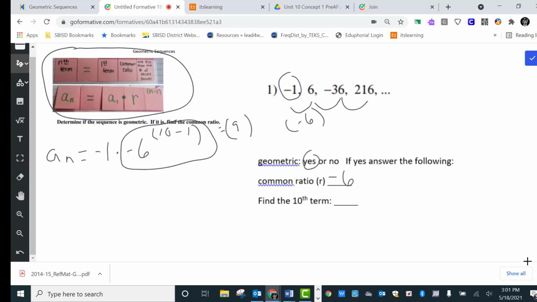And then I'm going to multiply by negative 1. I get a really big number. I get 10,077,696.